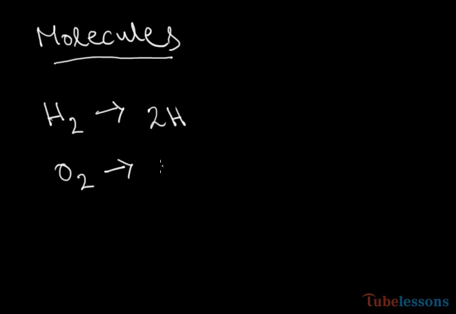It dissociates into two atoms of oxygen, and these two atoms of hydrogen, when they react with one atom of oxygen, we get water. So, first of all, molecule is converted into atoms and then it participates in chemical reaction.